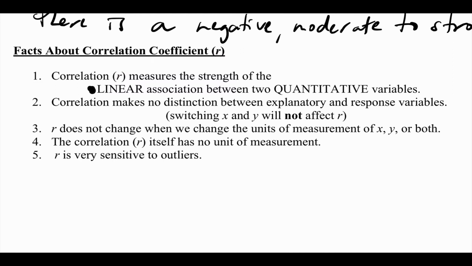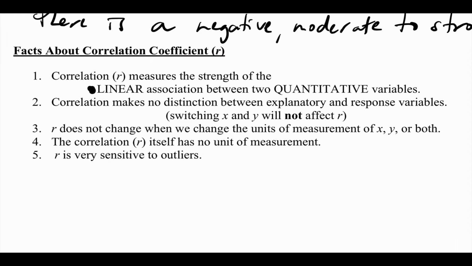What's the difference between quantitative and categorical? Yes, numbers. Quantitative is numbers. Categorical is categories. It still can be numbers, but you're fitting them into categories. Freshmen, sophomores, juniors, seniors, that's categories, right? Here we're just looking at sets of numbers.